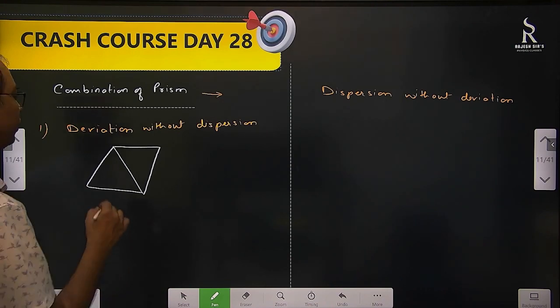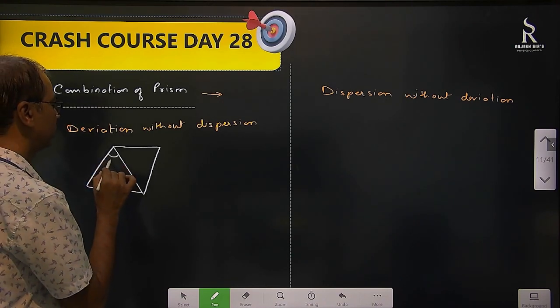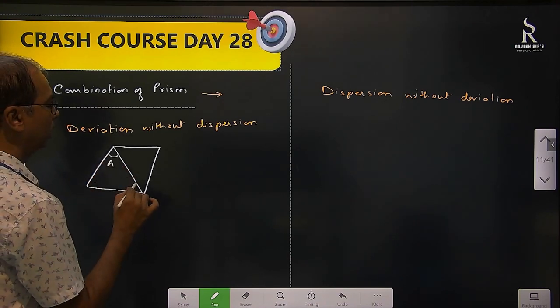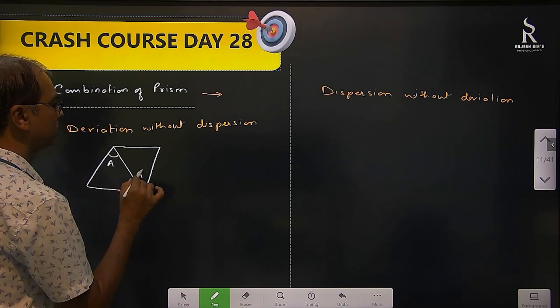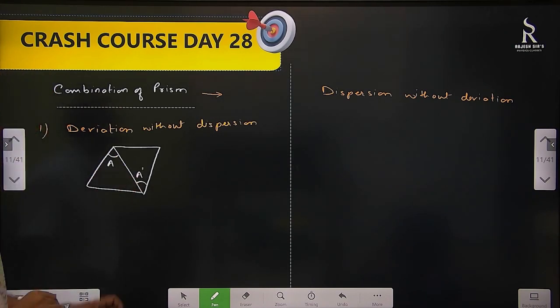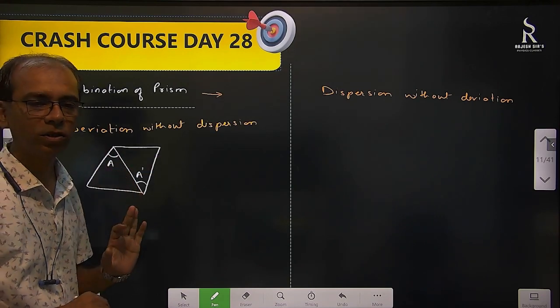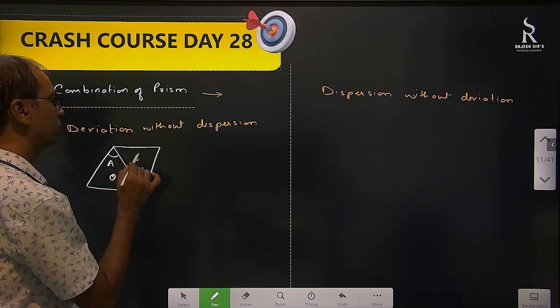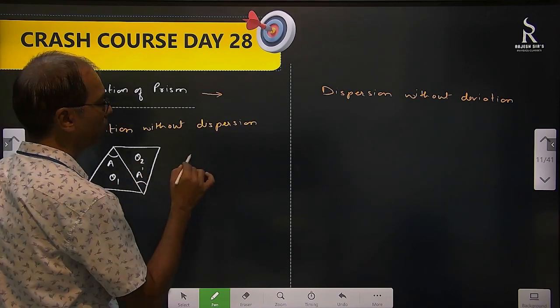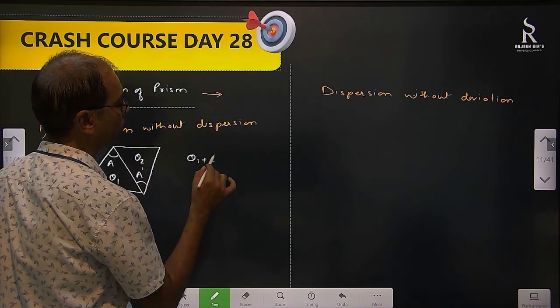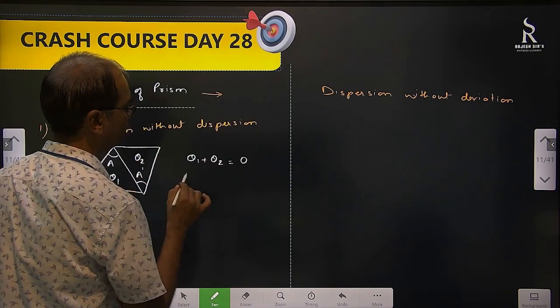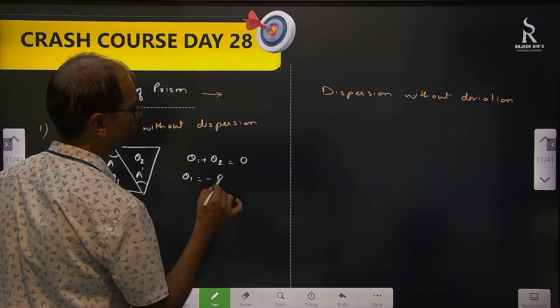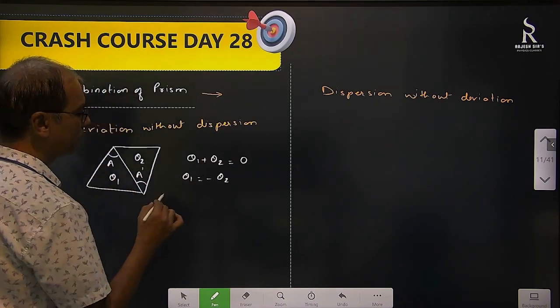Now first prism's angle of prism we'll say is A, and other one's is A dash. Now what you want? Deviation you want, but dispersion you don't want. So this is also going to produce dispersion. So you don't want dispersion means theta 1 plus theta 2 equal to 0. That means theta 1 equal to minus theta 2. What is theta 1?